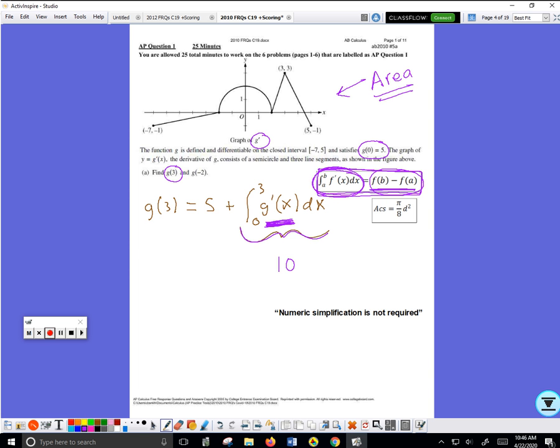I think I'm sort of understanding. See if this maybe helps. Do you feel good about this box right here?